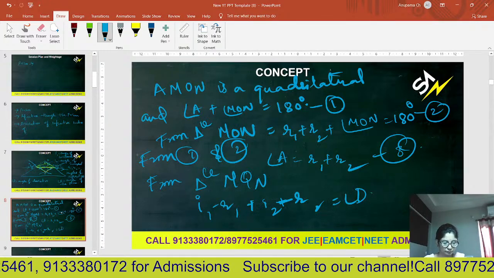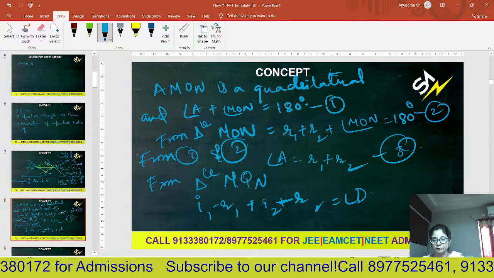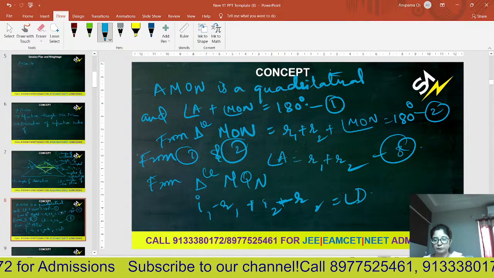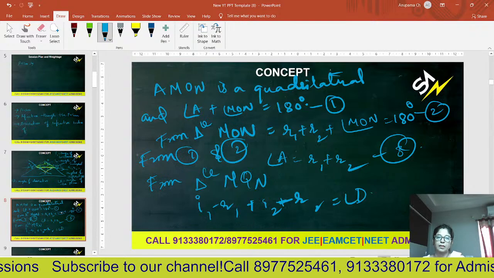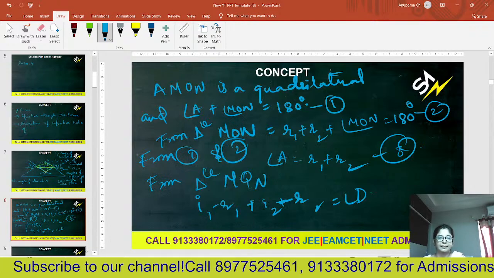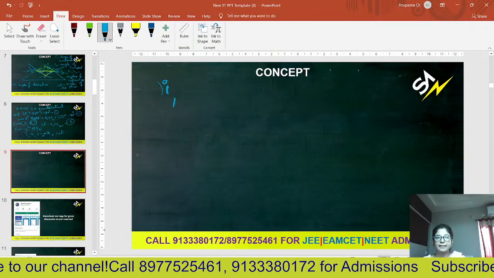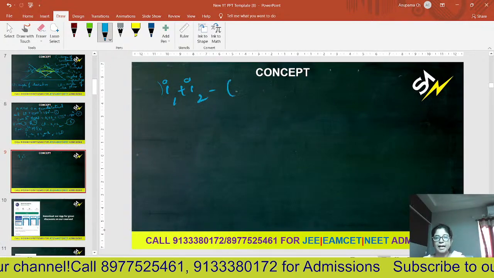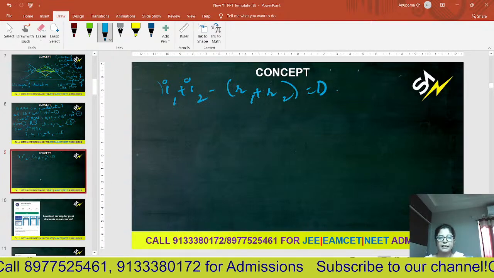Okay. So I can write like this. I1 plus I2 minus (R1 plus R2) is equal to D. Right?